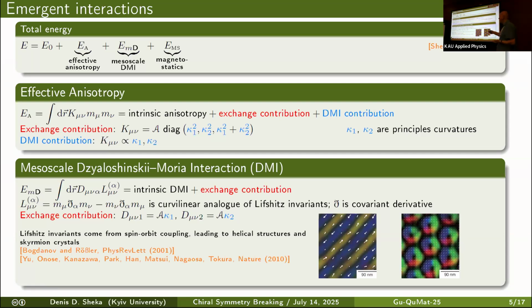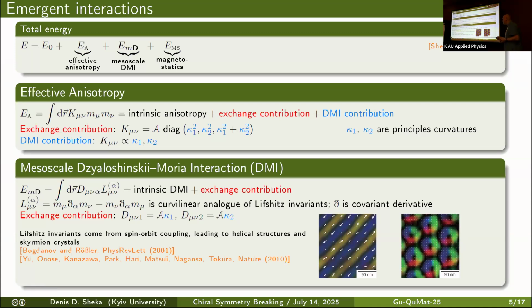The next contribution is a mesoscale Dzyaloshinskii-Moriya interaction. It again contains the intrinsic, material-dependent Dzyaloshinskii-Moriya interaction, and a geometrical contribution which comes from exchange. The coefficients of the exchange contribution are typically linear with respect to curvature.